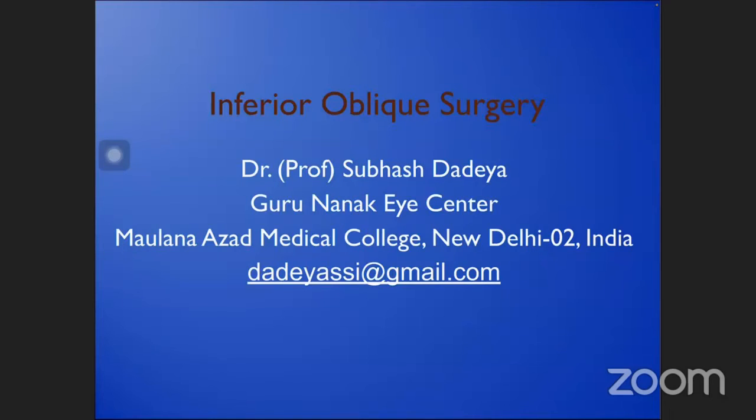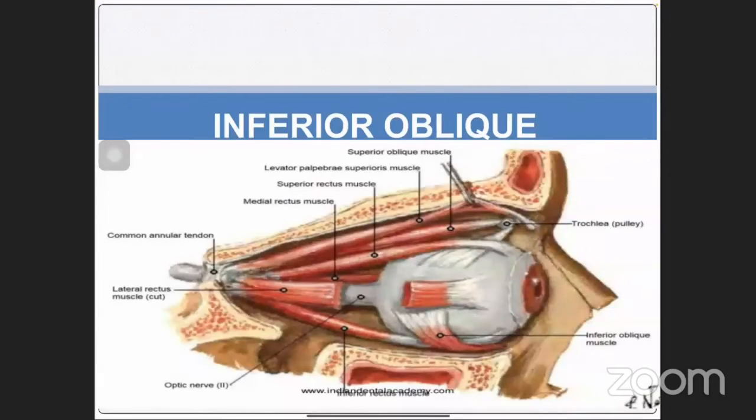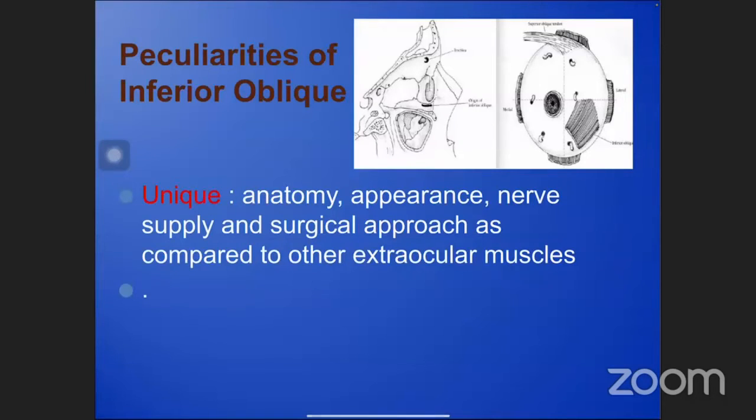I'll be speaking on Hangback recession of the inferior oblique surgery. So basically, this inferior oblique has some peculiarities in anatomy, appearance, nerve supply, and surgical approaches as compared to the other extraocular muscles.